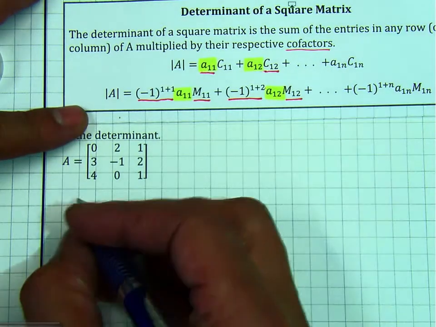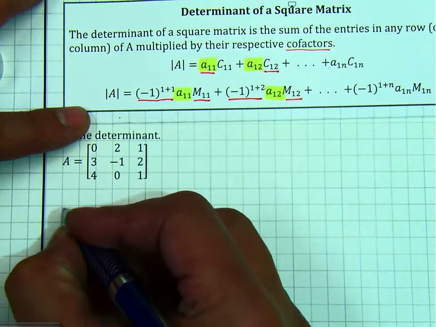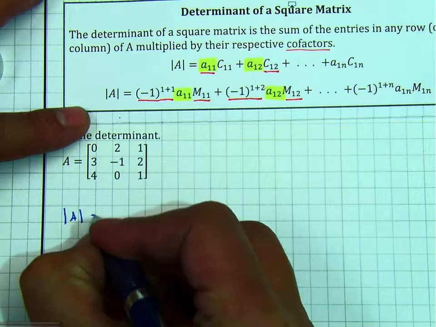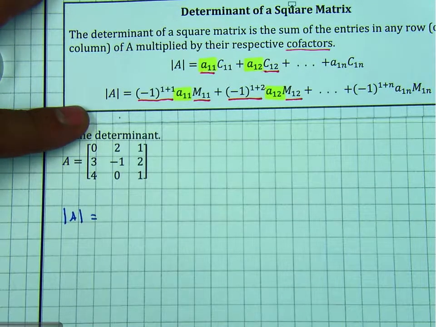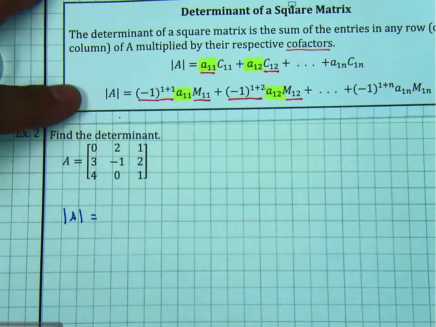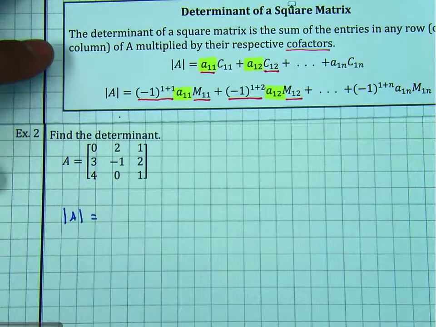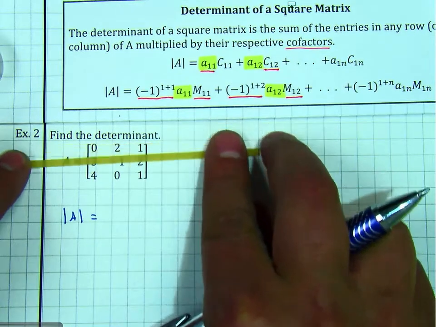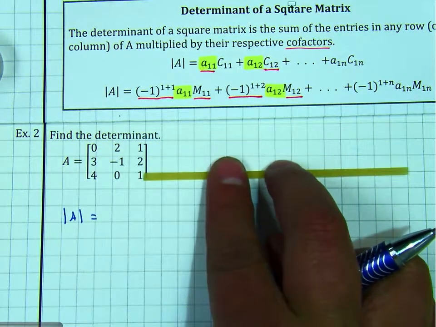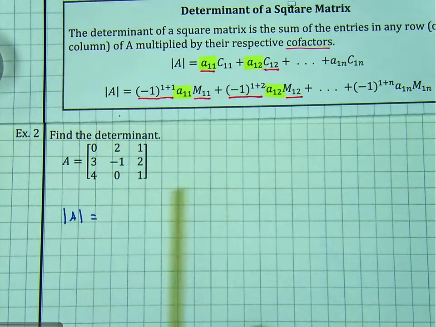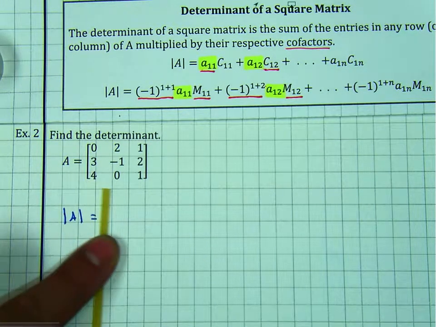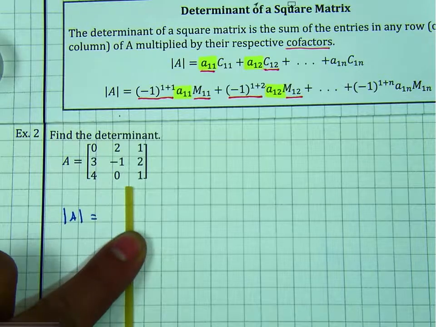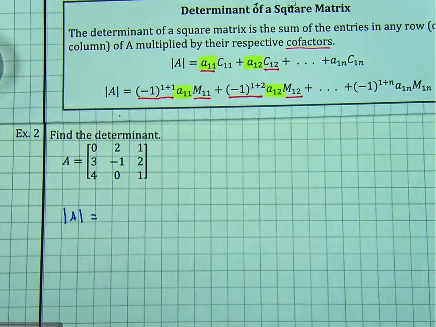So first, I'm going to find the determinant of A. First, you need to decide whether you want to use the first row, the second row, or the third row. Or you can decide to use the first column, the second column, or the third column. It'll give you exactly the same answer.